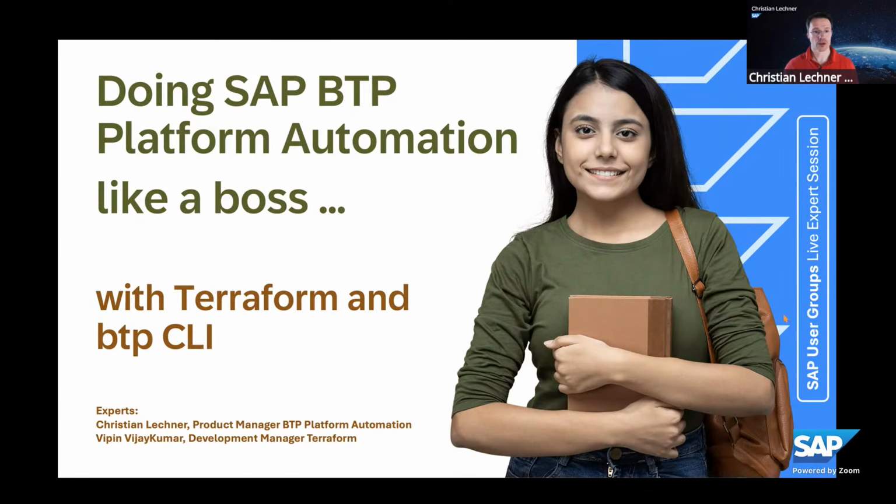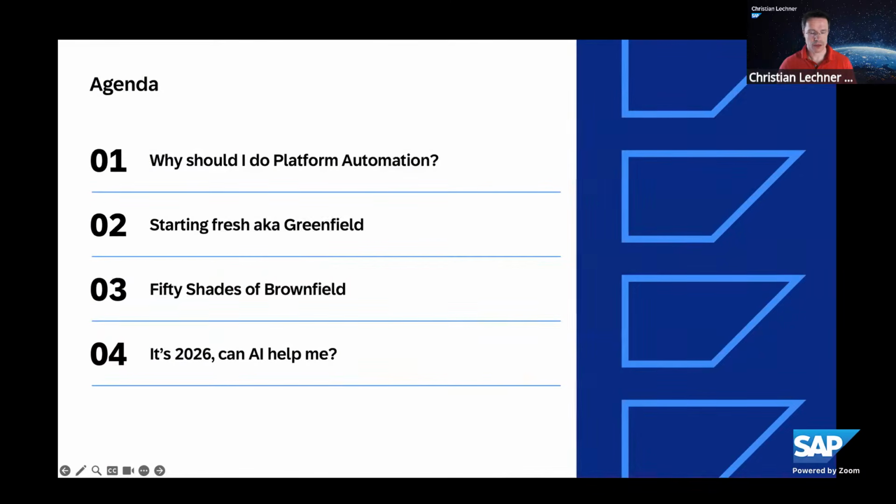And let's start with platform automation and with the topics of Terraform and BTP CLI. Now, kind of roughly sketching the agenda that we have. First of all, I would like to motivate why should you do platform automation? There have been some spoilers up to now, but I think there is the fair question, why should we do that?